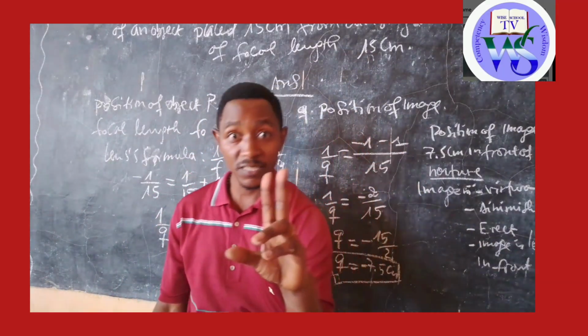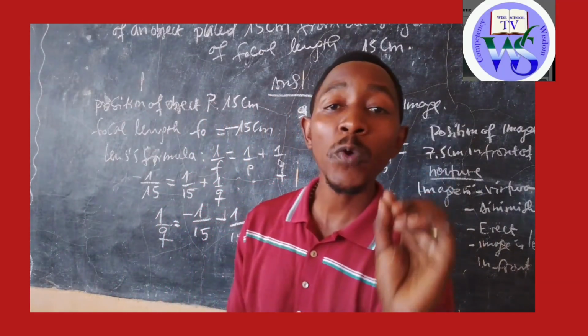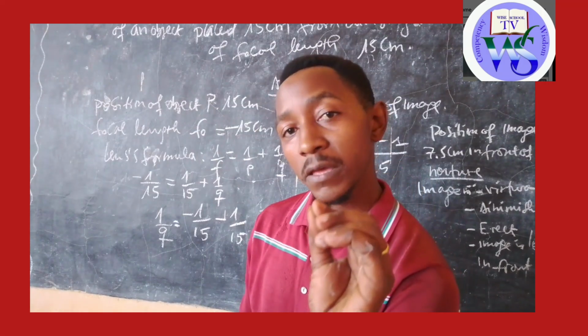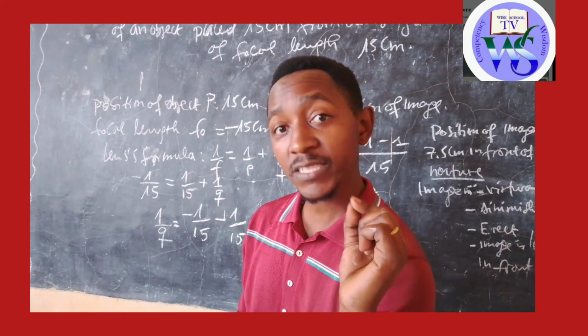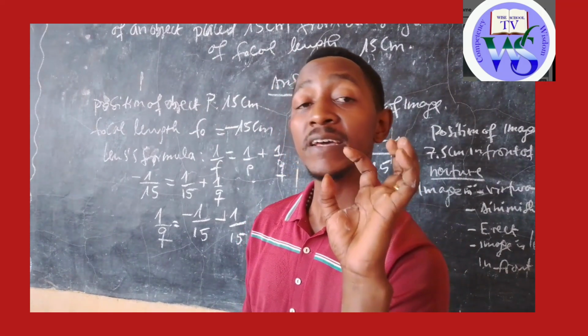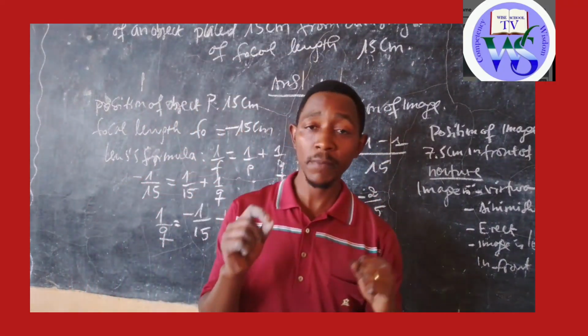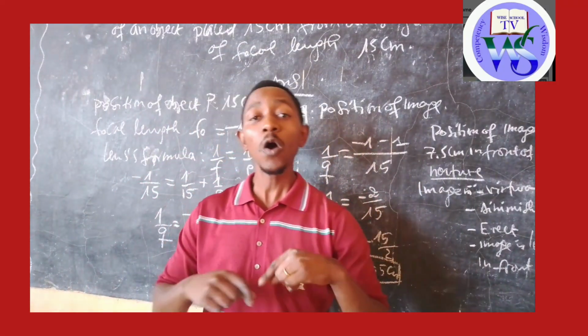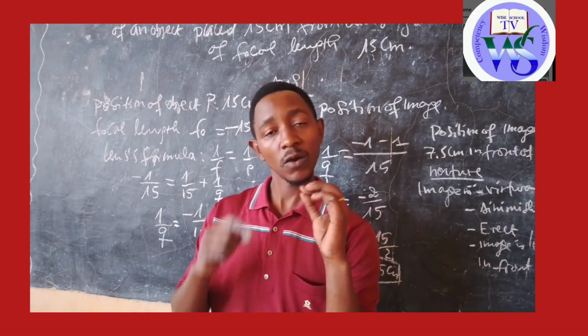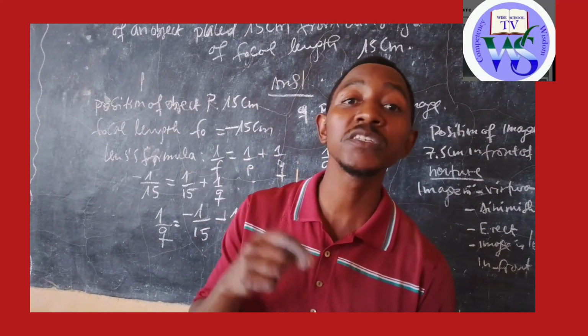Remember the keywords: diverging lenses always form a virtual image that is erect and smaller than the object. But for converging lenses, with one exception, they always form a real image which is inverted.